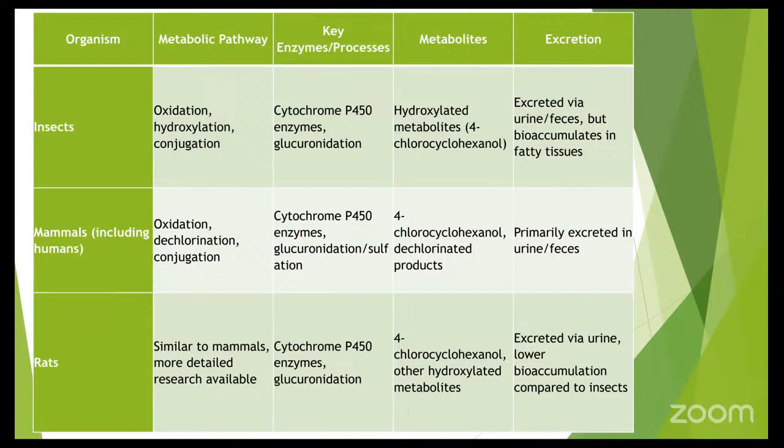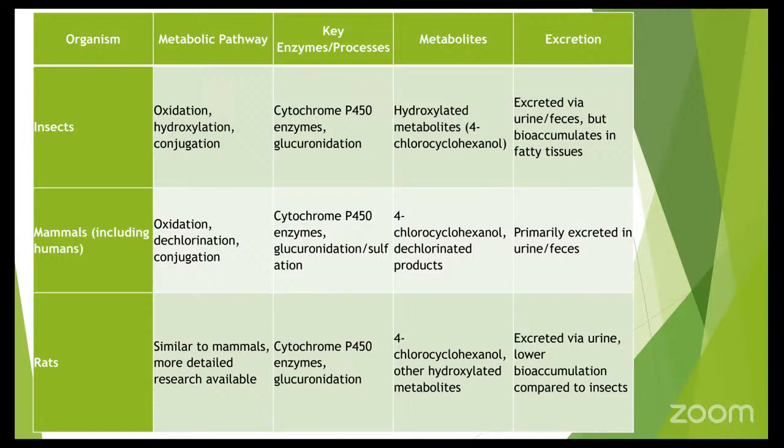While in mammals, including humans, oxidation, dechlorination, and conjugation take place. The key enzyme processes are cytochrome P450 enzymes, glucuronidation, and sulfation. And other key enzymes are involved in the metabolism of 4-chlorocyclohexanol, and dechlorinated products are the metabolites that are produced in mammals, including humans. The excretion is primarily through urine and feces. Whereas in rats, similar to mammals, more detailed research is available, and the key enzymes and processes involved are again cytochrome P450 enzymes and glucuronidation.